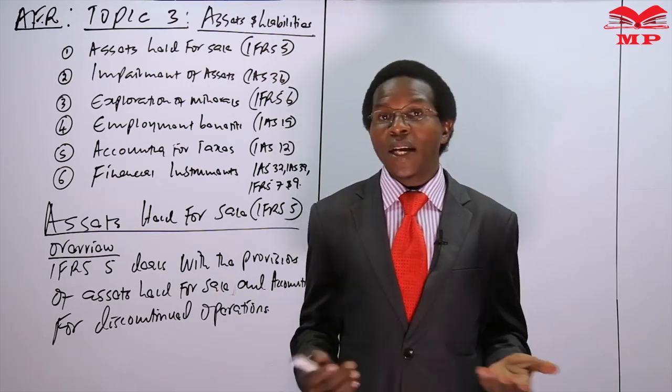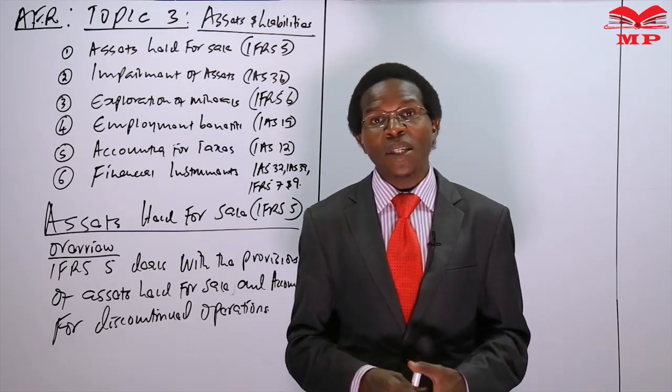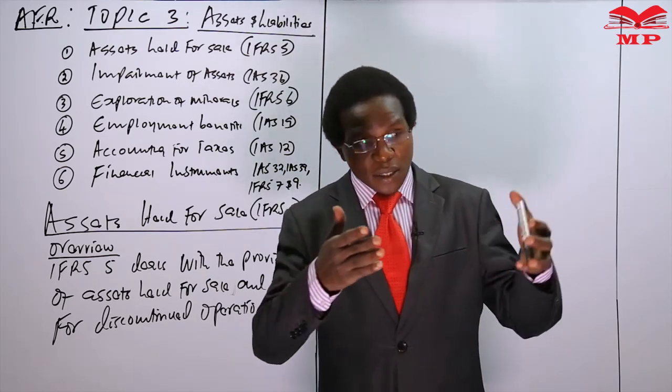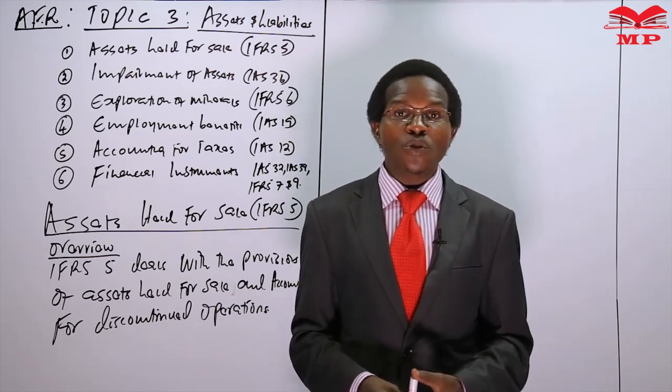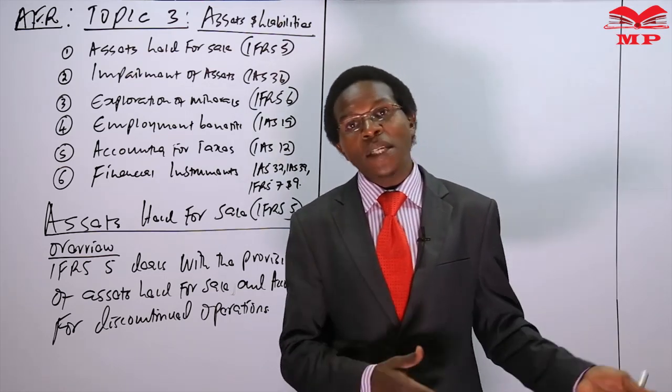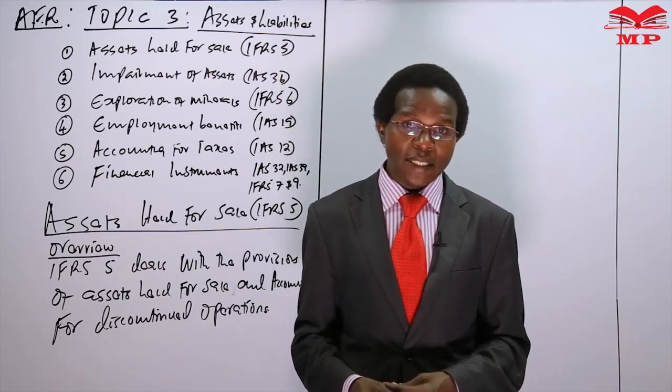Remember we have said the carrying amount is simply the net book value, the book value of an asset. Then the fair value less cost to sell is simply the market price less all the expenses you are incurring in order to sell that particular asset.